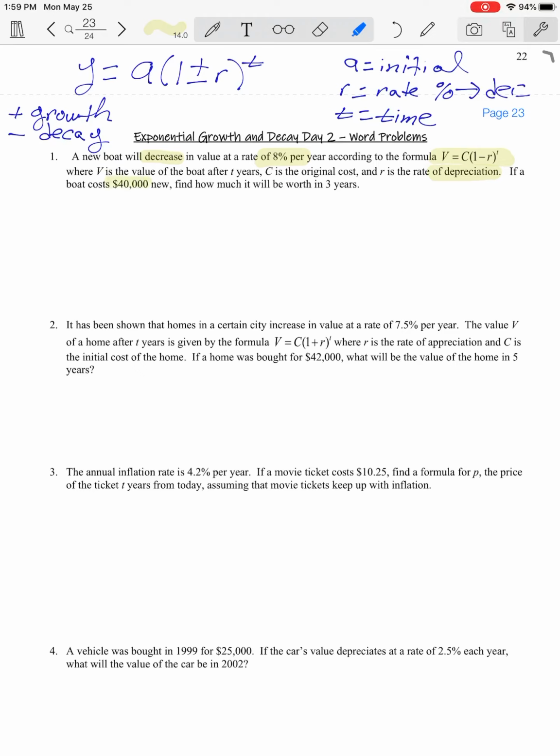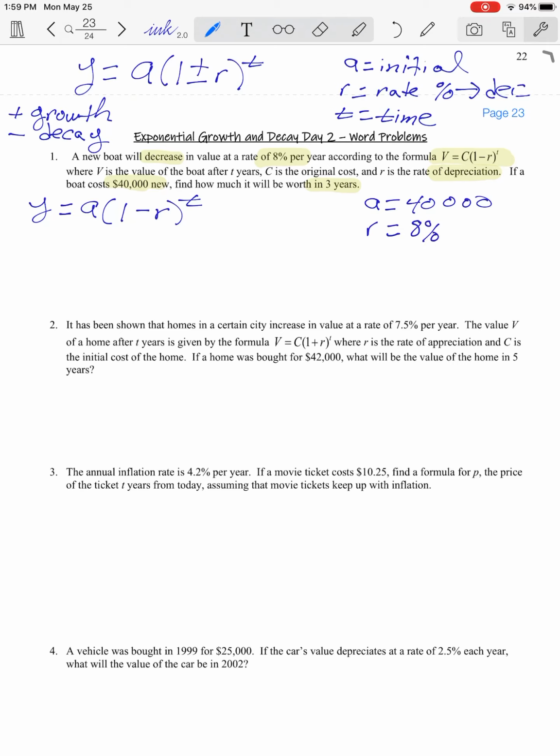If a boat costs $40,000 new, find out how much it will be worth in 3 years. So what you're going to write down, we know it's depreciation. So the first thing I know is it's going to be 1 minus r to the t. So I know A, my initial amount, is 40,000. I know that R is my rate, my percent is 8%.